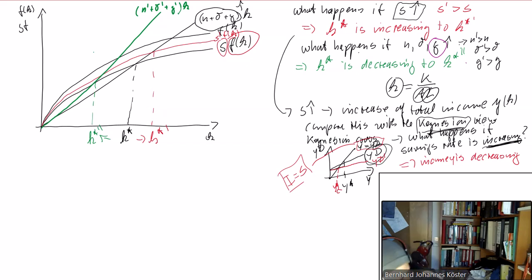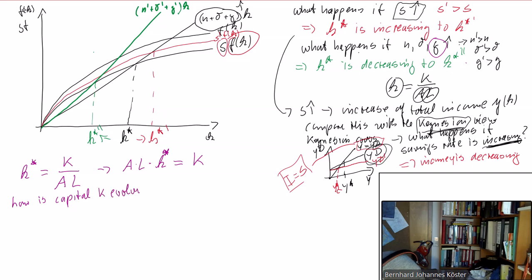But what we also see is K star, oops, star, not dot, is capital K over L. And this we can rewrite to A times L times k star is K. And then we can ask, how is capital K evolving over time?